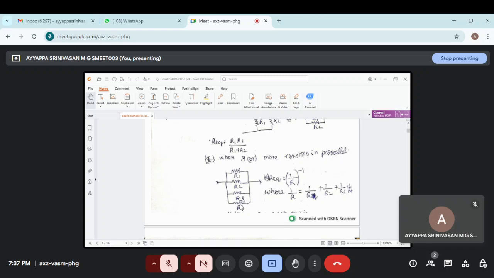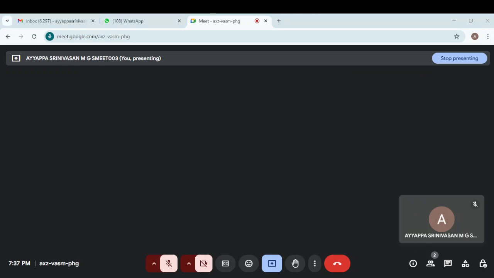As different currents flow through them, they are in parallel. So for parallel, 1 by R, the equivalent resistance, is 1 by R inverse, where 1 by R is equal to 1 by R1 plus 1 by R2 plus 1 by R3, and it goes like that. So kindly consider this point.